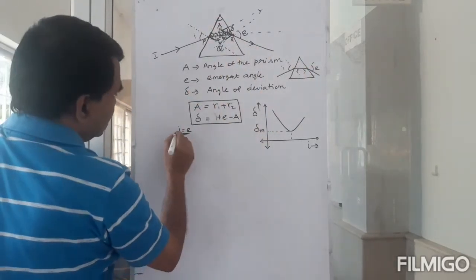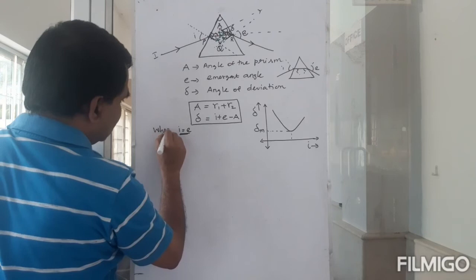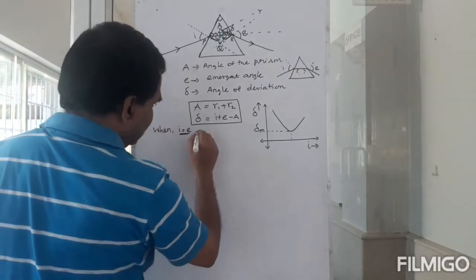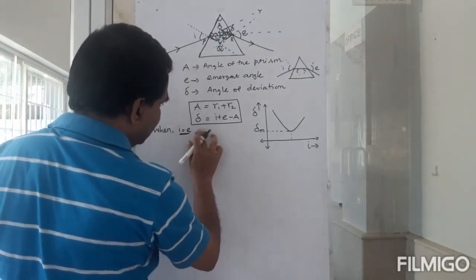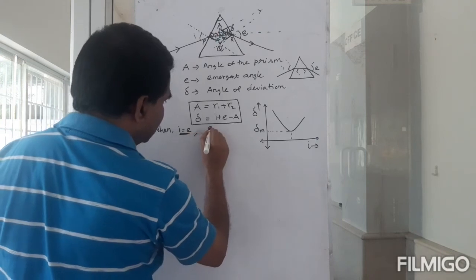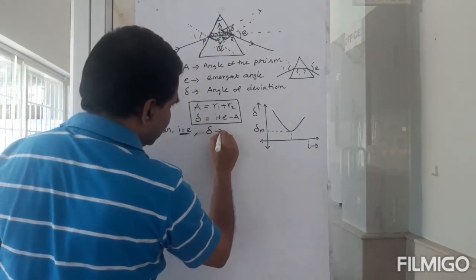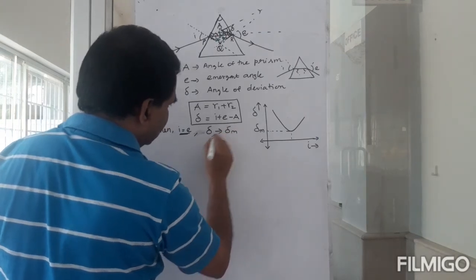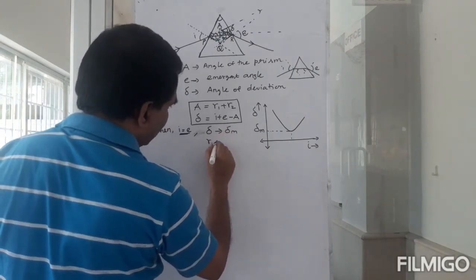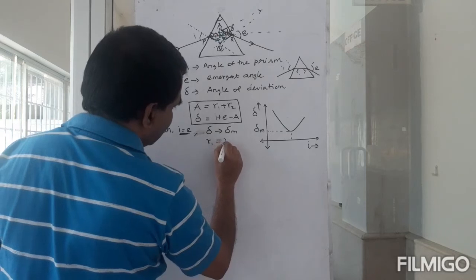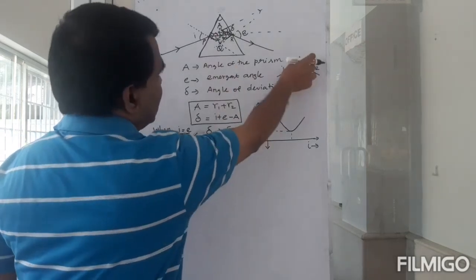Okay. So when I is equal to E, what happens is the angle of deviation D will become minimum, will go to delta M, and also R1 will be equal to R2. It's parallel.